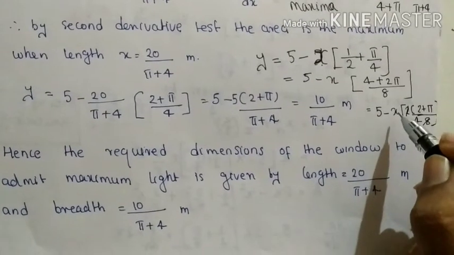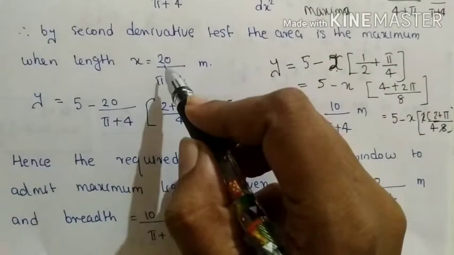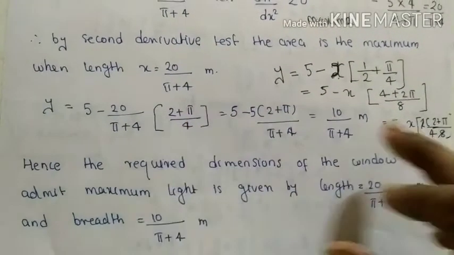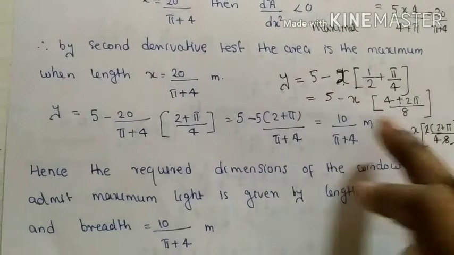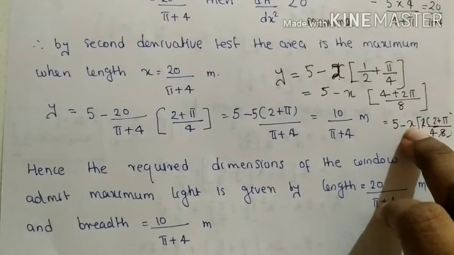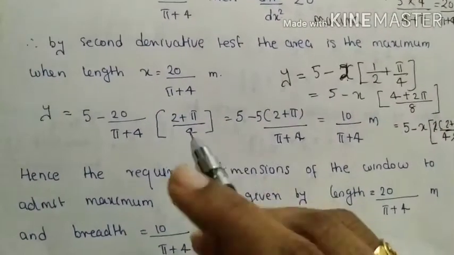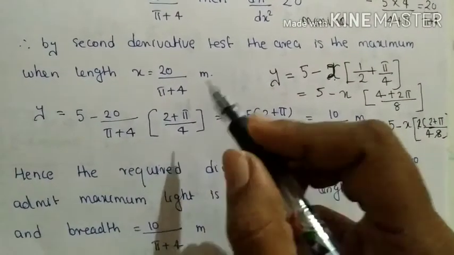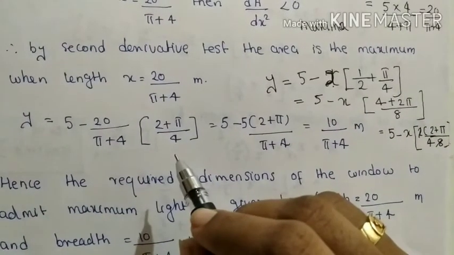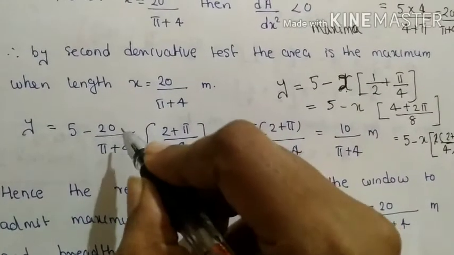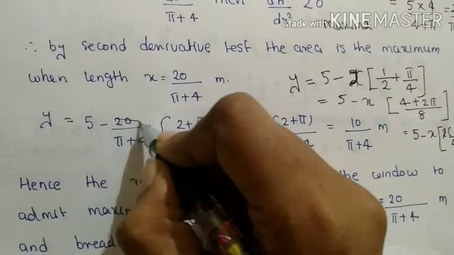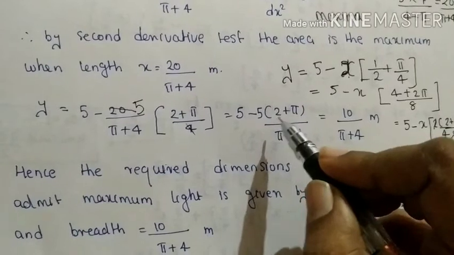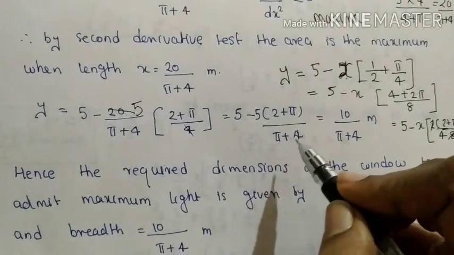So substituting the value of x as 20 by pi plus 4, we get this step. Replacing this x by 20 by pi plus 4 and 2 plus pi by 4, and cancelling this 4 and 20, we get 5 here. So 5 minus 5 into 2 plus pi divided by pi plus 4.